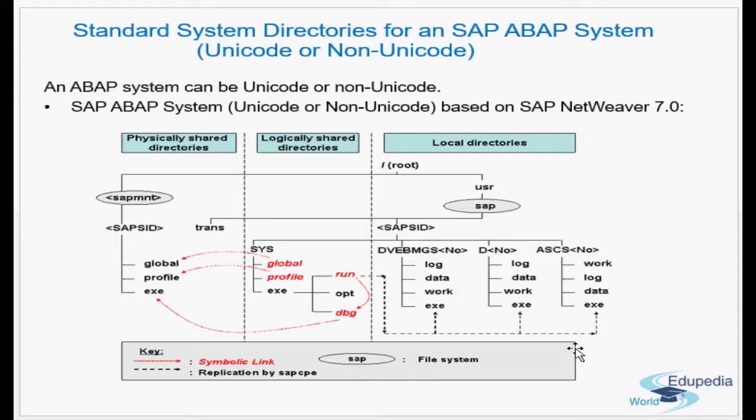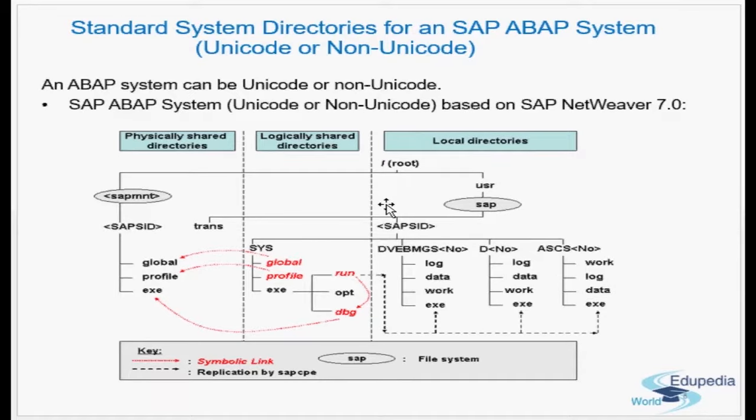For that instance also you have a separate directory. Now this also contains global, profile, exe. This is attached through a symbolic link to the physically shared one. The exe from the sys to the other exe which resides in the instance, that replication is made through the SAP CPE process. Each of the instance subdirectories has 4 subdirectories: log, data, work, exe.